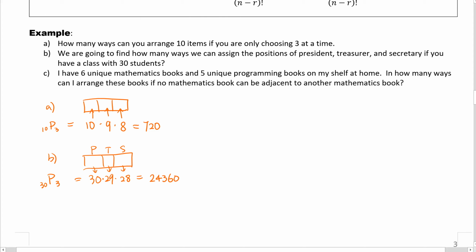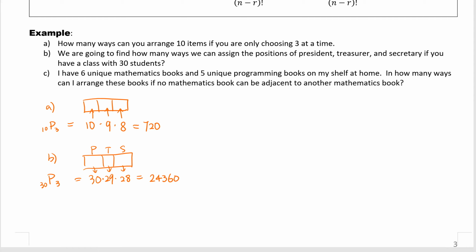All right, let's continue with part C. I have 6 unique math books and 5 unique programming books on my shelf at home. In how many ways can I arrange these books so that no mathematics book is adjacent to another mathematics book? So here we have 6 math books and 5 programming books.